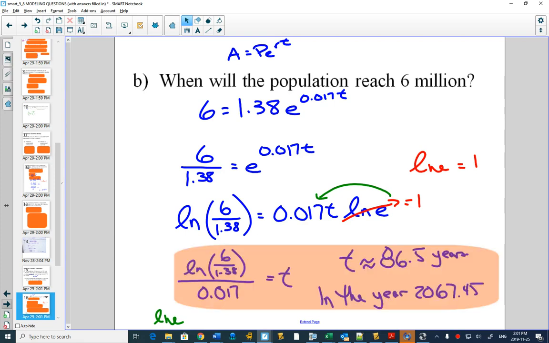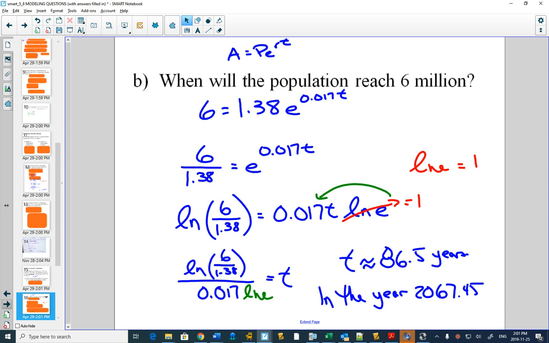Now, if you didn't remember that natural log of e was equal to 1, then when you go to divide, can you see that you would also divide by the natural log of e? Which, whether that's there or not there, doesn't change your answer because it's equal to 1.